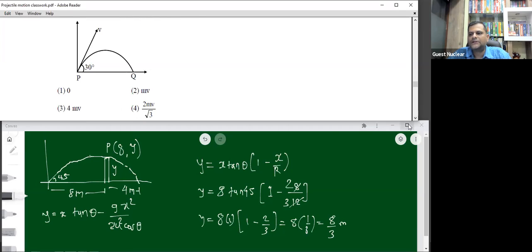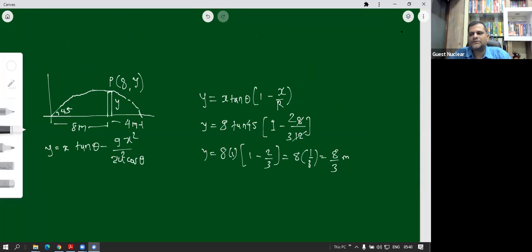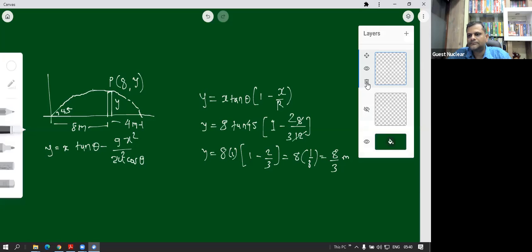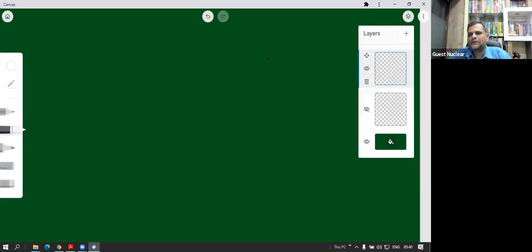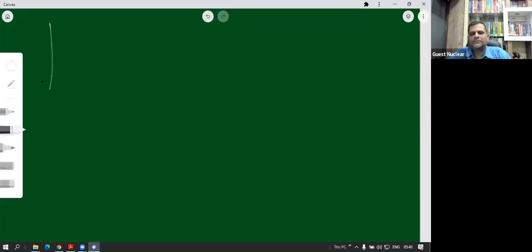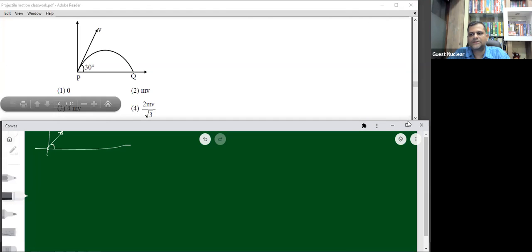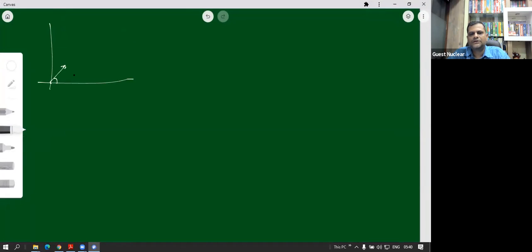See here, this question can be solved somewhat in detail. See, suppose this is the projectile which is thrown with an angle theta. वो एंगल दिया है क्या हमको? Yes, it's 30, right? So चलो ठीक है, फिर भी हम यहाँ पे थीटा ही मान लेंगे.